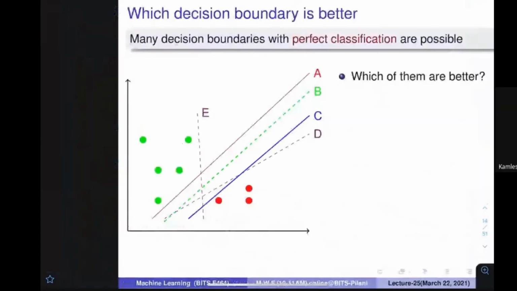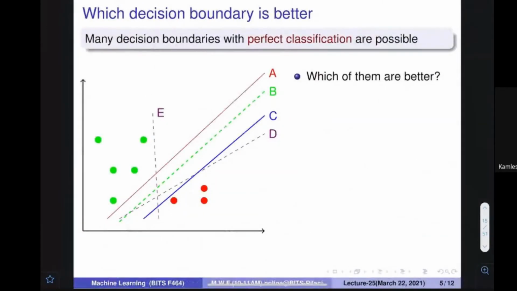A few minutes back, I told you my data is in two different areas, and it is linearly separable. I think I drew this particular line, but I can also draw this same kind of line. Are you okay with this?